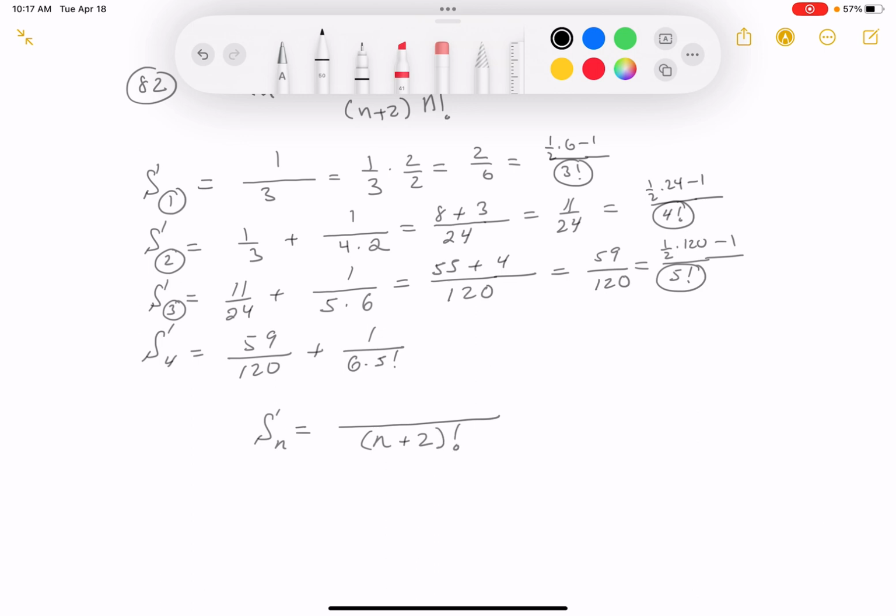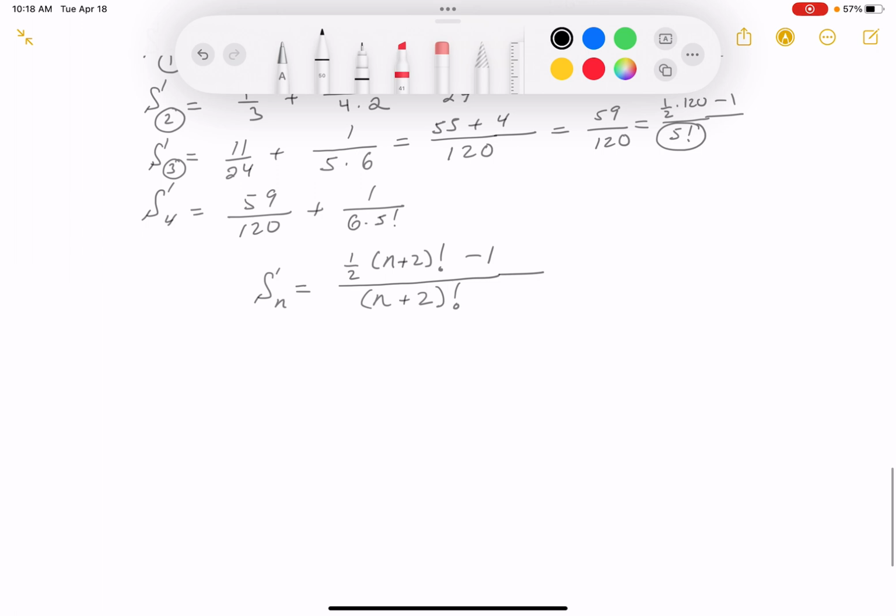And then what's the top going to be? I've got to be careful here. I'm looking at it, and it's going to be half of the bottom, (n plus 2) factorial, minus 1. So I'm going to say that's my nth partial sum now.